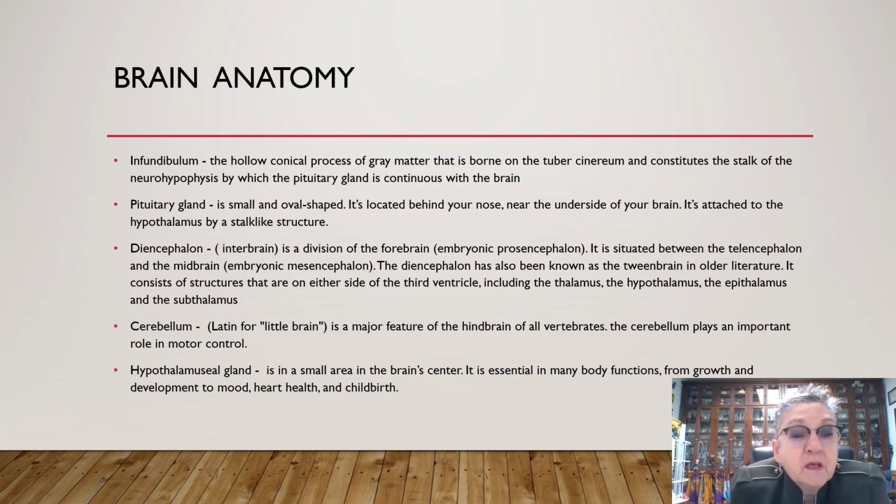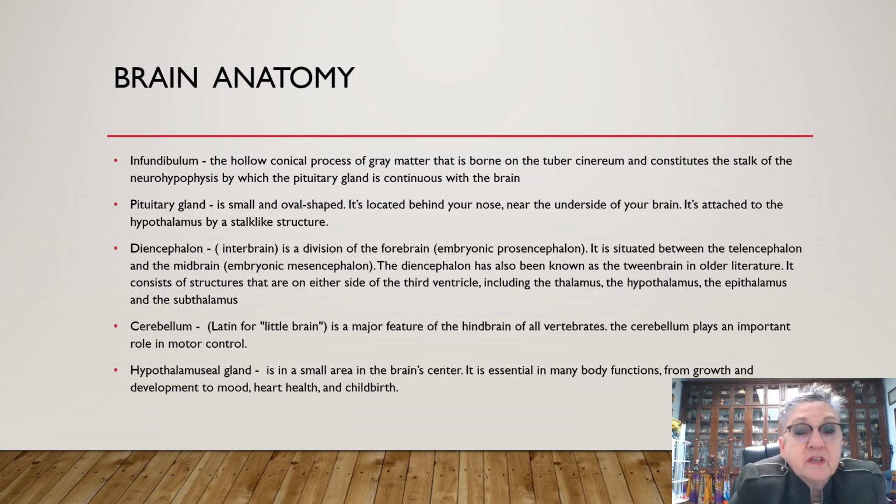It's between the right and left brain, but it has also been known as the tween brain in older literature. It consists of structures on either side of the third ventricle, including the thalamus, hypothalamus, and so on. Cerebellum is the little brain.